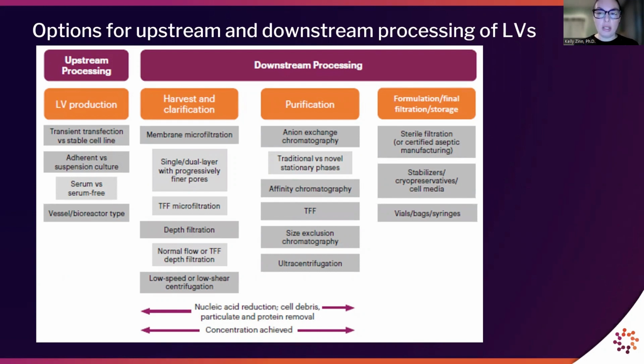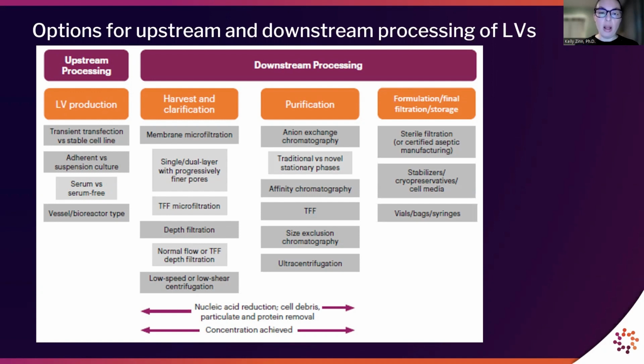Common techniques for lentiviral vector purification include chromatography, which can separate viral particles from contaminants using properties such as size, charge, hydrophobicity, and binding affinity. TFF can also facilitate volume reduction and buffer exchange, and can aid in removal of low molecular weight impurities.